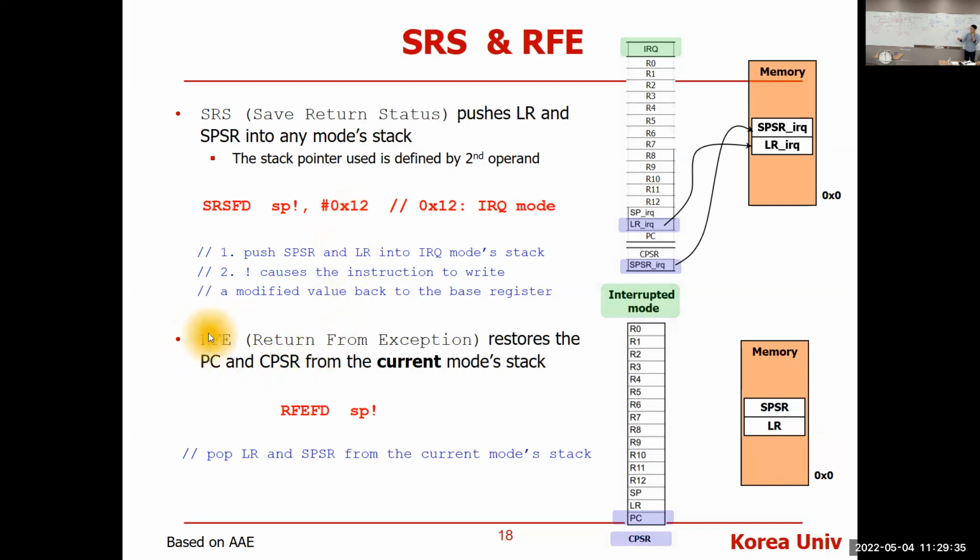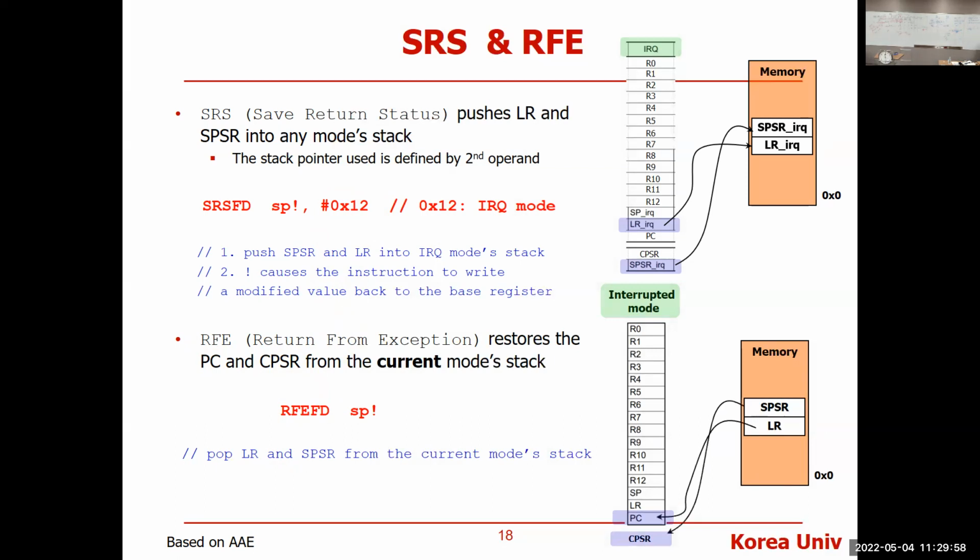And RFE, return from exception, that is also a shortcut. You can use RFE, return from exception, with full descending from the stack. Then you are just reading from memory. Opposite operation.